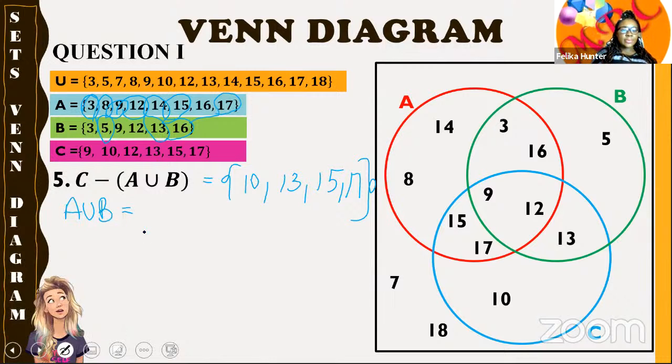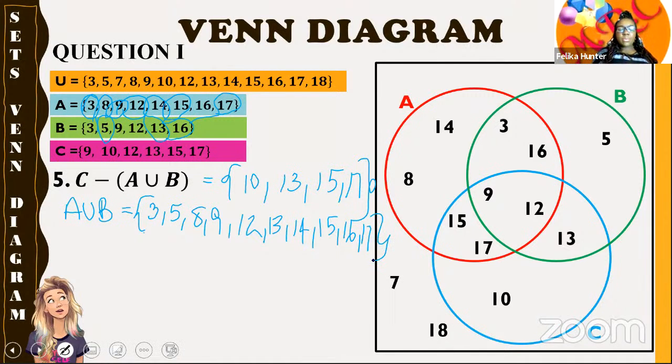So write that down: 3, 5, 8, 9, 12, 13, 14, 15, 16, 17, and so that's A union B, and then we're going to find C minus A union B.